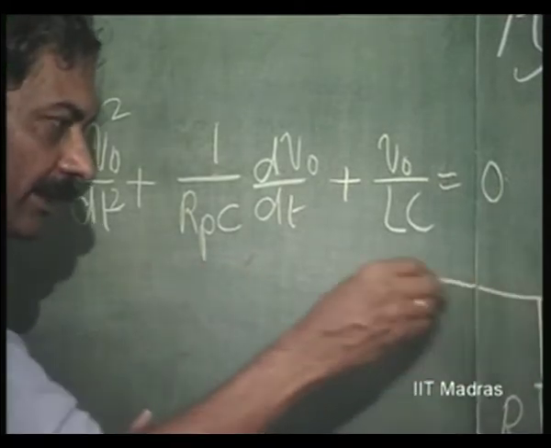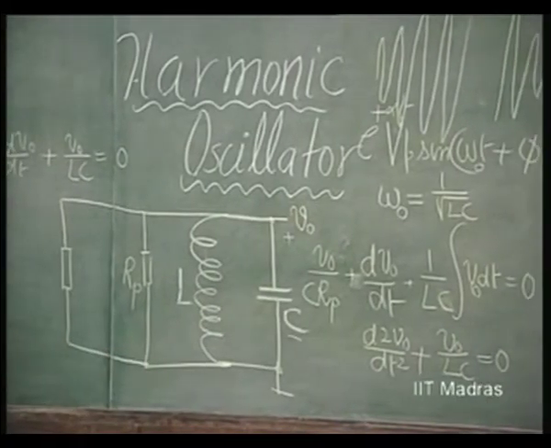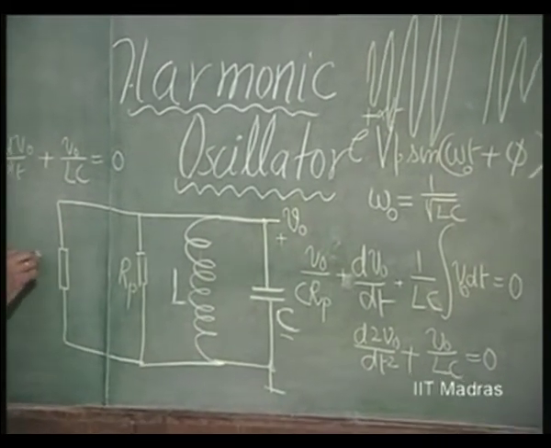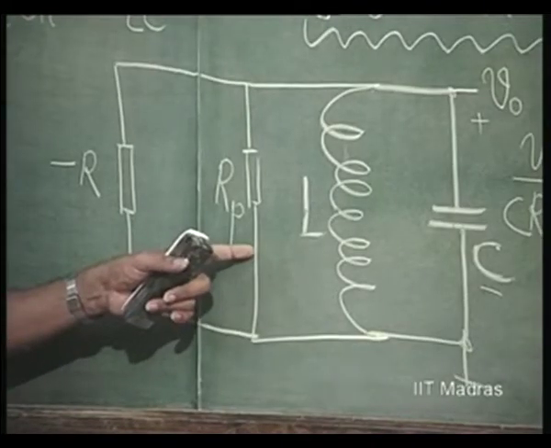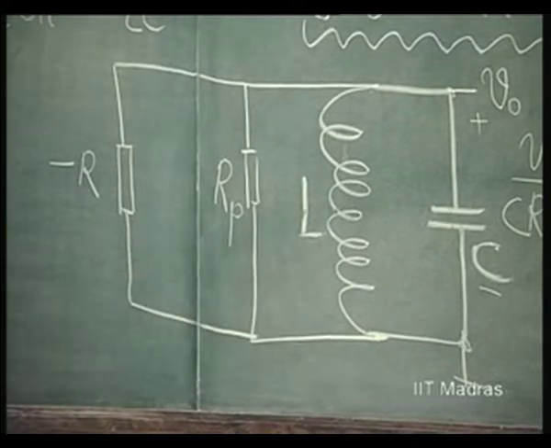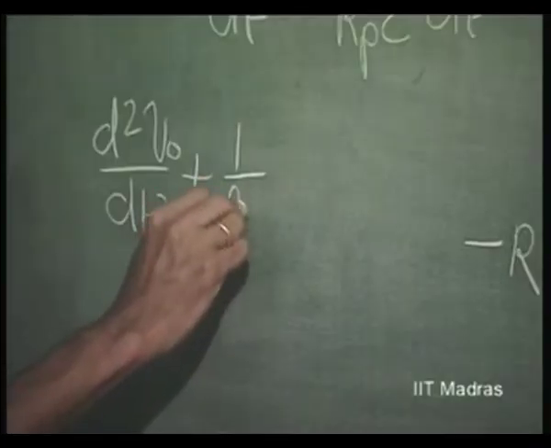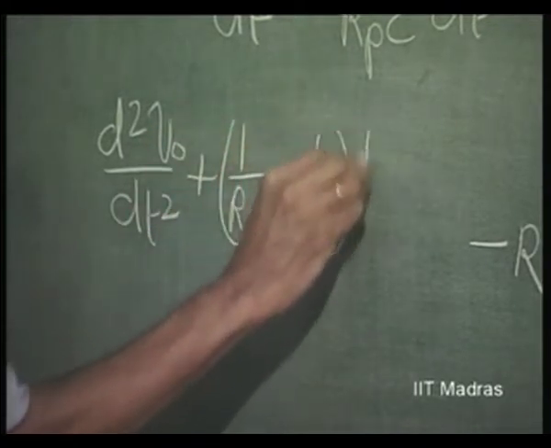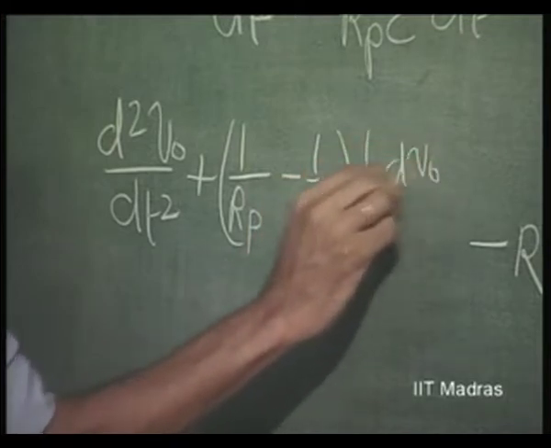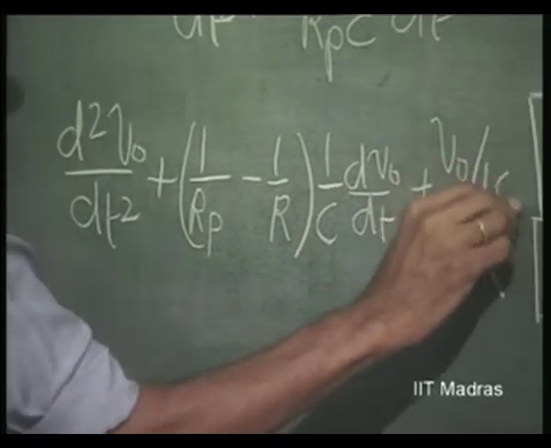So, that means I will have to connect another resistance across this, whose value is negative, so that it cancels with this. So, that means this will then be modified as d squared V naught by dt squared plus (1 over Rp minus 1 over R) into 1 over C dV naught by dt, plus V naught by LC equal to 0.